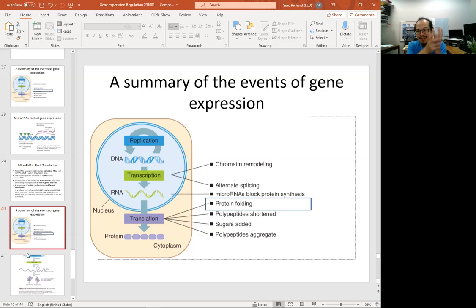If it's not the same shape, it won't be a glove, right? Or a sweater, right? You knit it to make a sweater. If it's not this shape, it won't be a sweater. And protein is like that. Protein has a structure, and the structure is because of the knitting to make it a shape like that. And that's called protein folding.